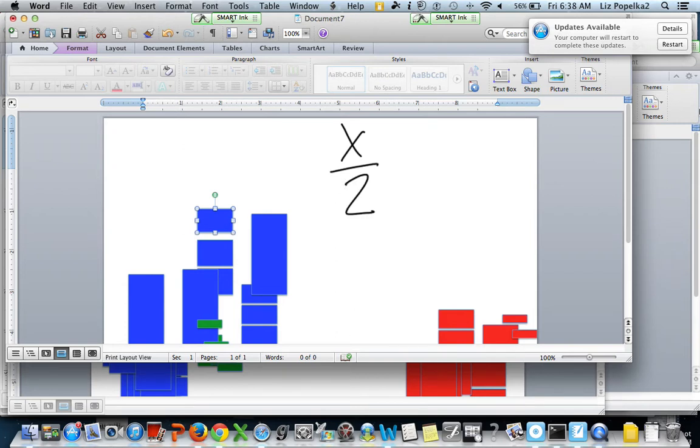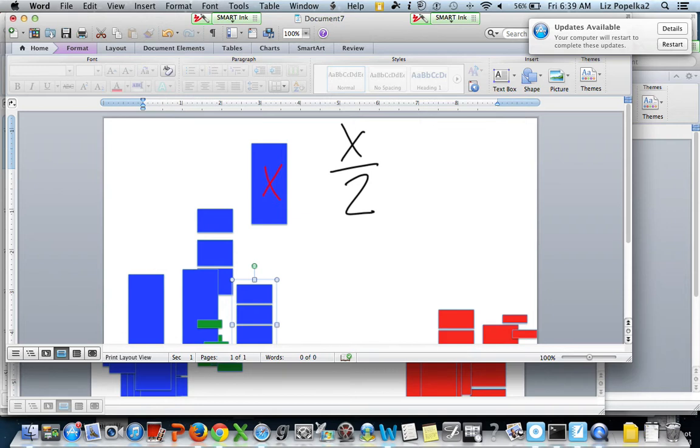So this is what a whole x would look like. So what would an x divided by 2 look like? Pause the video. Look at what you've got in front of you as far as your algebra tiles go. So this is a whole x. What would an x divided by 2 look like? Pause the video, try to figure it out.